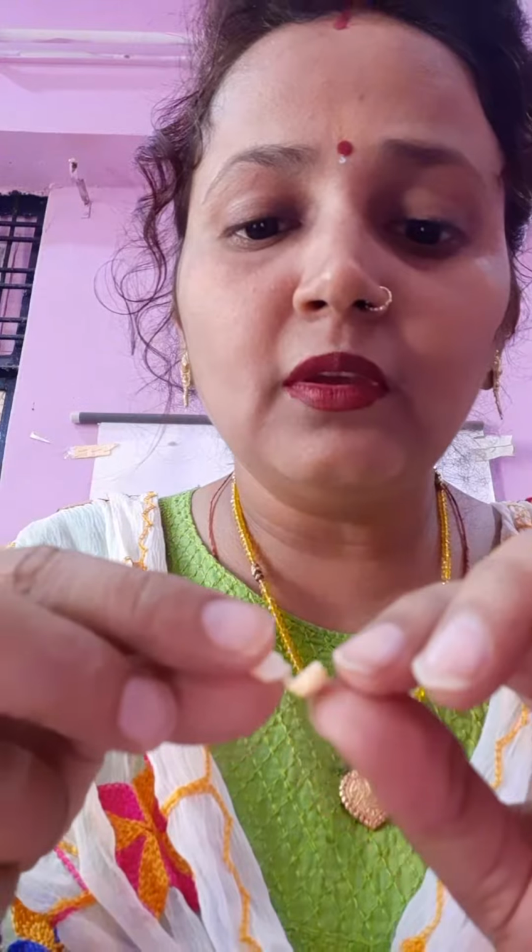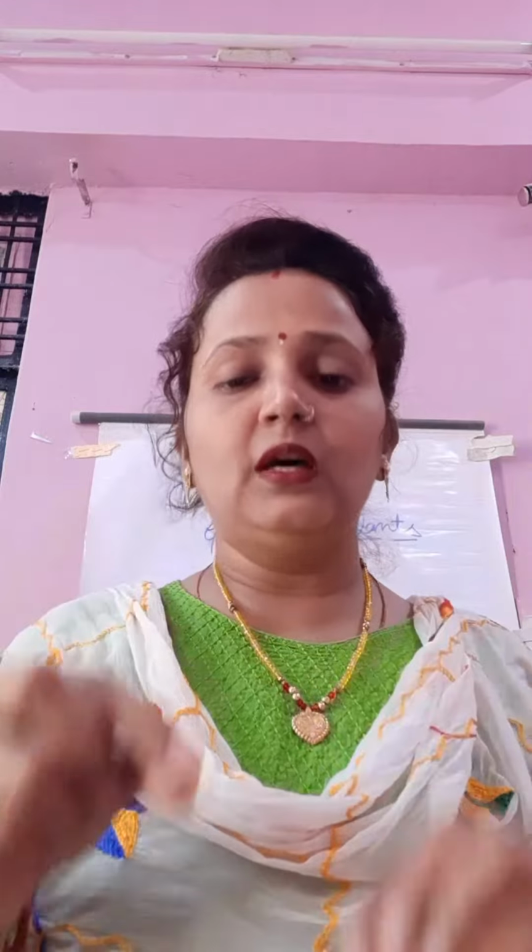After that, the next part is the embryo. The embryo is the baby plant. Now you can see I have germinated the seed. In the inner part of the seed, you can see small structures growing. The part that comes out first is called the radicle. When I show it in the soil, it grows into a root in the downward direction.